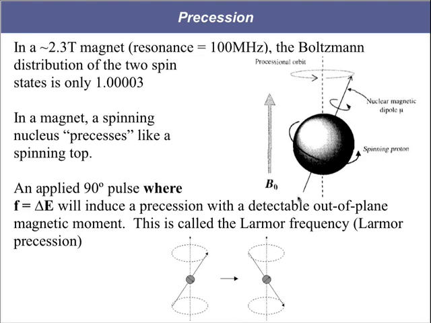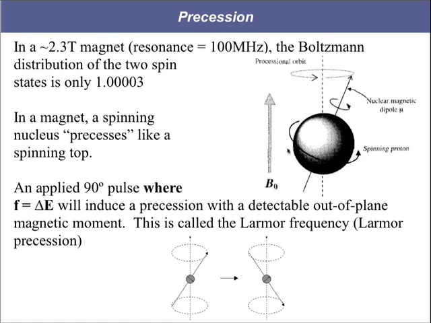You can show here, like this nucleus, a ball, or the top spinning along its axis. If that axis is knocked off center, so it's not aligned with the applied magnetic field, or in the case of a spinning top, the Earth's gravitational field, that axis will wobble around its native precessional orbit axis. That's called precession as that wobbles. And we can actually observe that wobble in the nuclei.